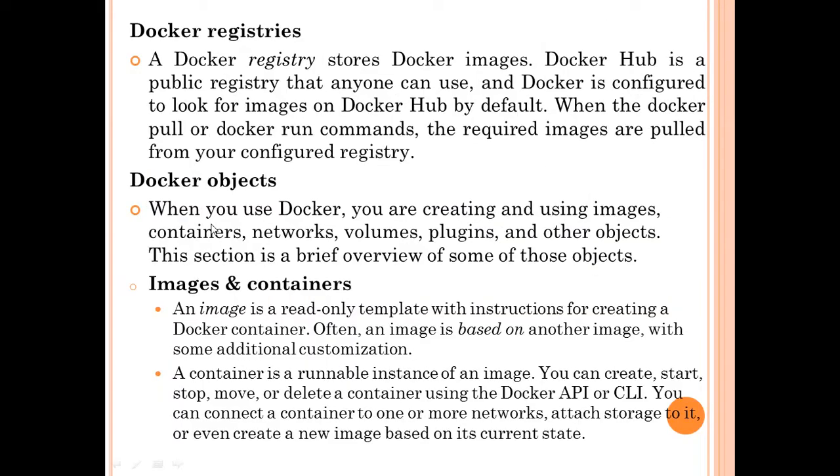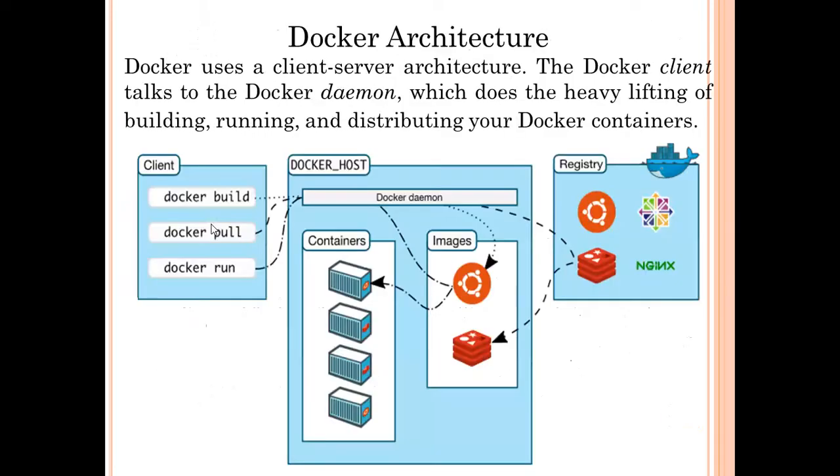Then we have next, that is Docker objects. When you use Docker, you are creating and using images, containers, networks, volumes, plugins, and other objects. This is the brief overview of those objects. So what is a Docker object?